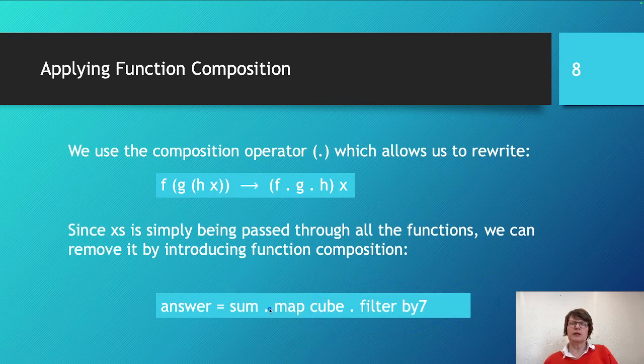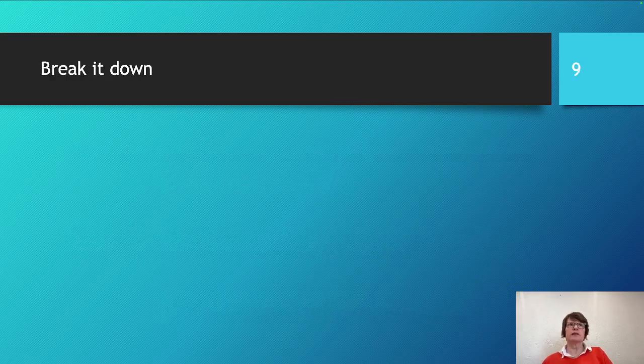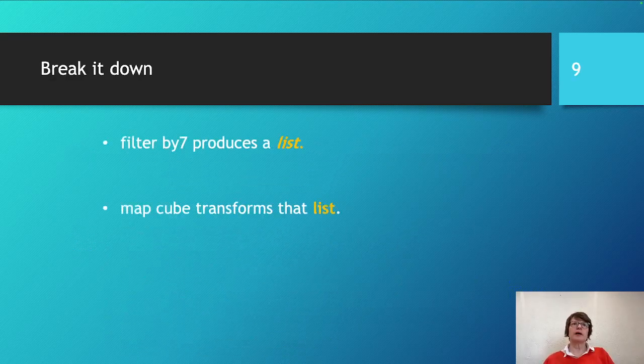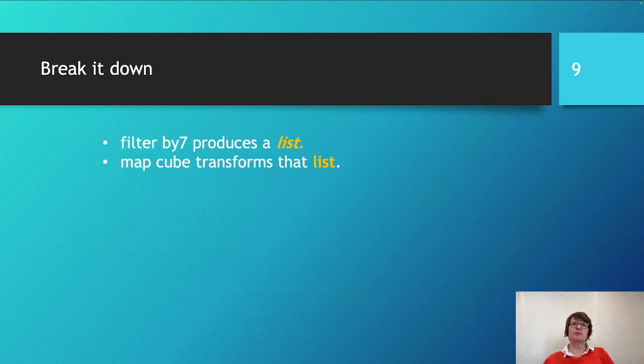But in the previous one, I would have had xs here, and I could have xs out here as well. So I can drop it in both cases. Okay, and just to go back over it, filter by 7 produces a list.